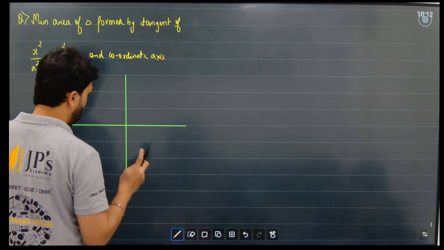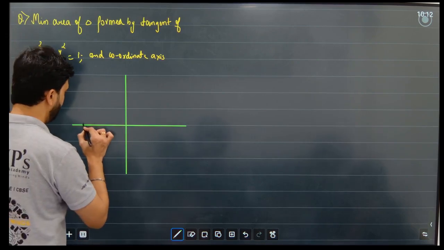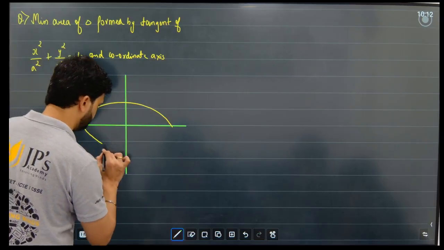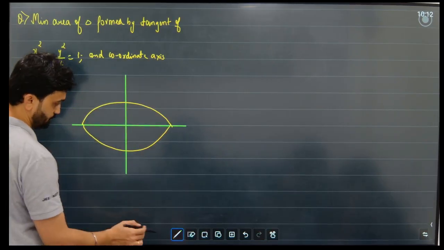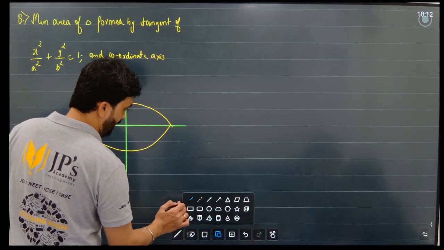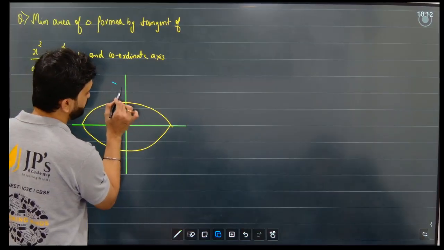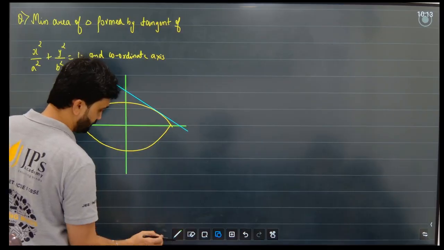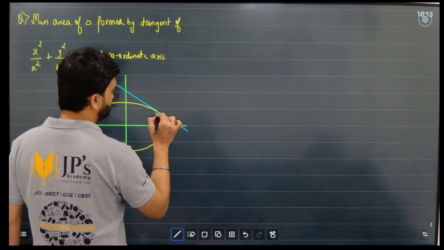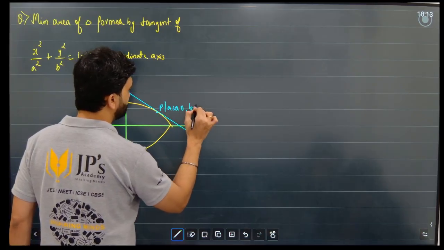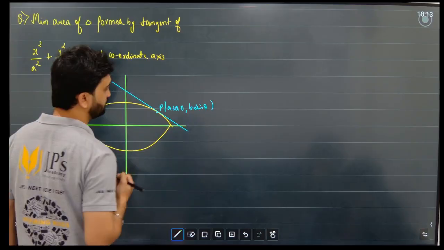Okay, suppose I have made an ellipse. This is the ellipse. Now I am forming a tangent with the coordinate axes like this. I'll take this point as P, a cos theta comma b sin theta.